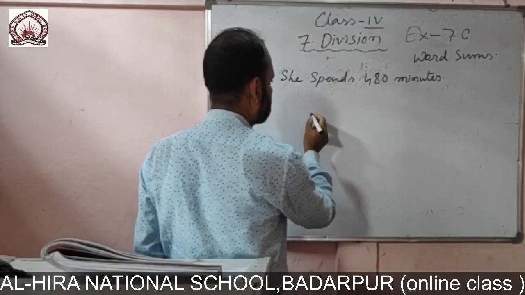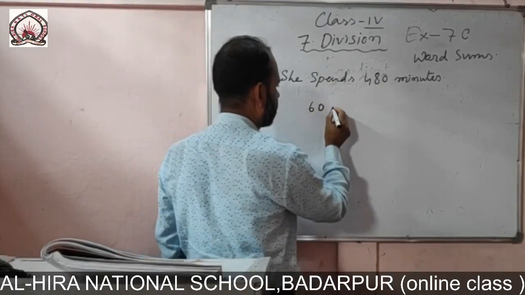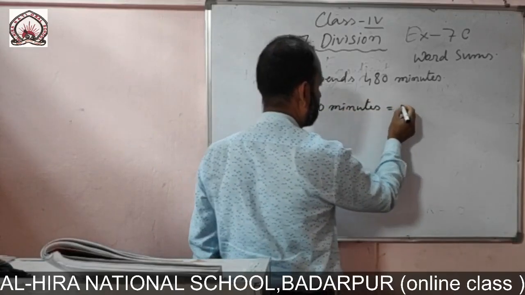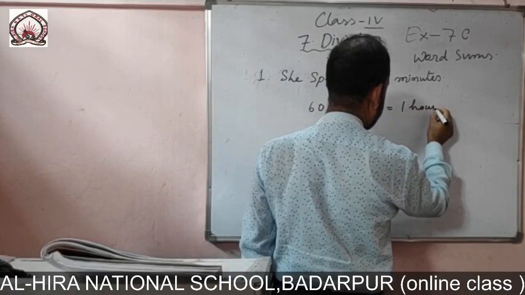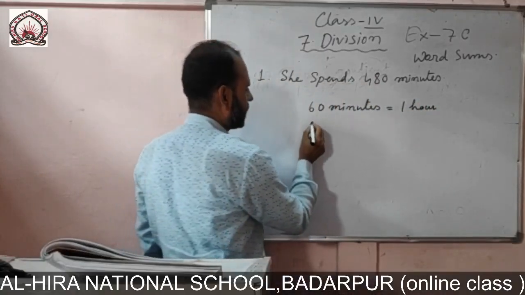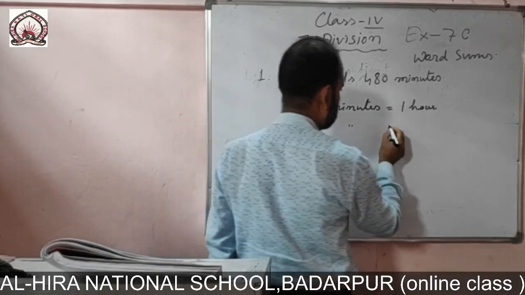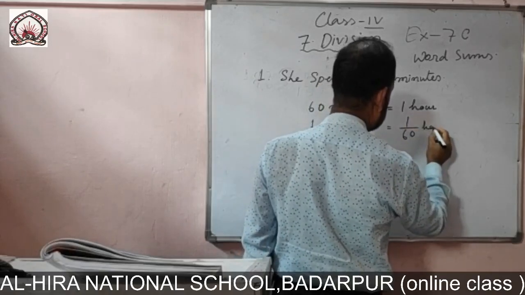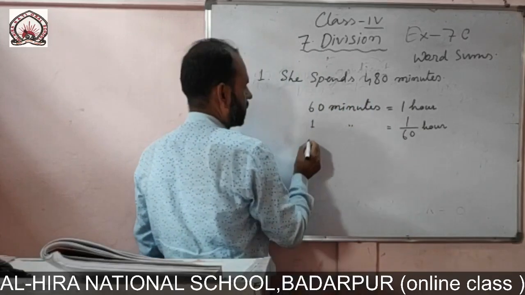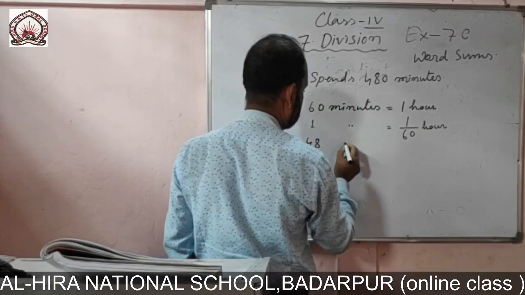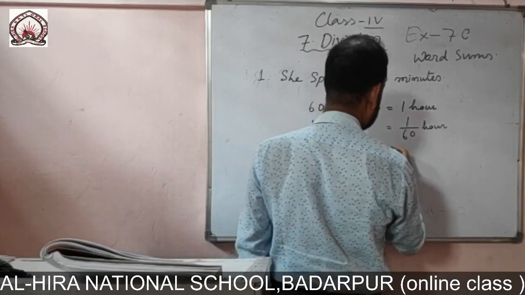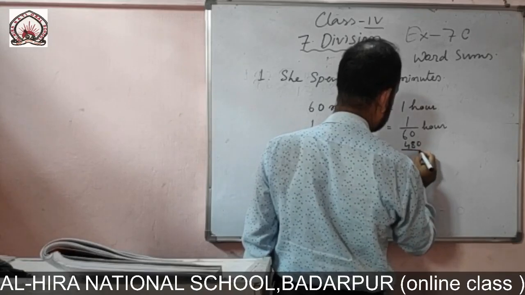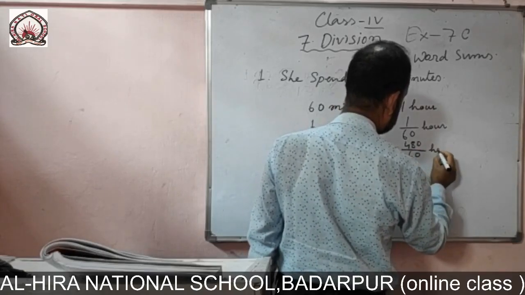So we know 60 minutes is equal to 1 hour. 1 minute is equal to 1 by 60 hour. 480 minutes is equal to 480 by 60 hours.